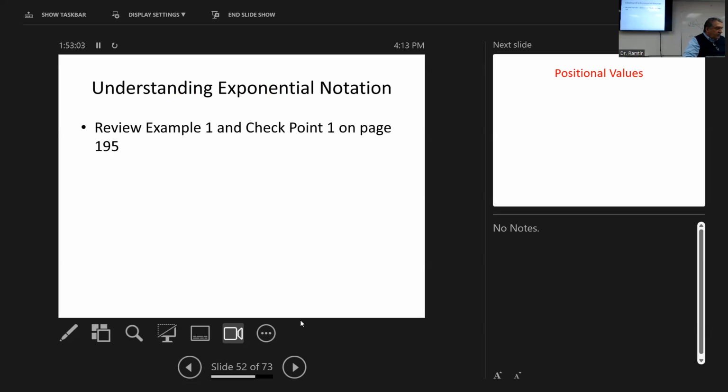A is 10 to the power of 2, means 10 times itself 2 times, so you get 100. 10 to the power of 3 means 10 multiplied by itself 3 times, you get 1,000. 10 to the power of 4 is 10,000. 2 to the power of 6, meaning multiply 2 by itself 6 times, you get 64. 1 to the power of 7: 1 to the power of any number is always equal to 1, and any number to the power of 1 is equal to itself. So 7 to the power of 1 is 7. Okay.